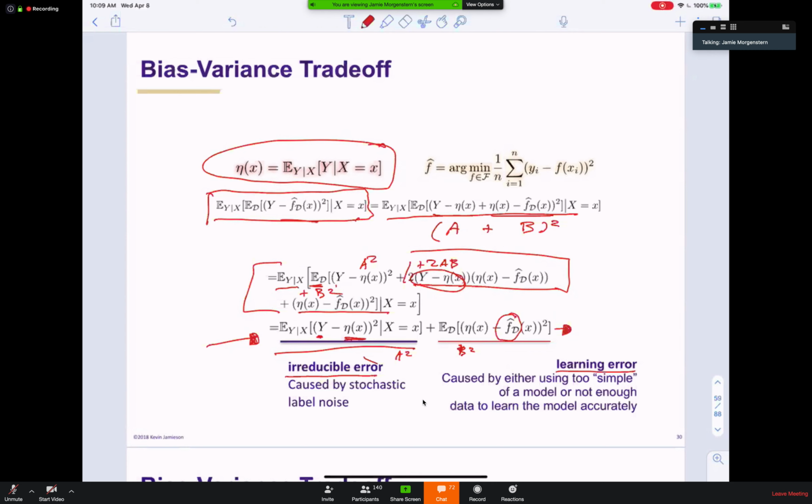It can be that we're choosing models from some class F that is not complex enough to learn the relationship between x and y, whereas eta x was not constrained in any way. Eta x can have an arbitrary relationship between x and y, whereas our f hat is usually, so far, picked from a class of linear or maybe quadratic models.